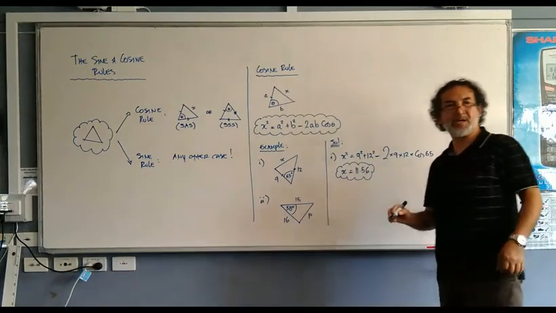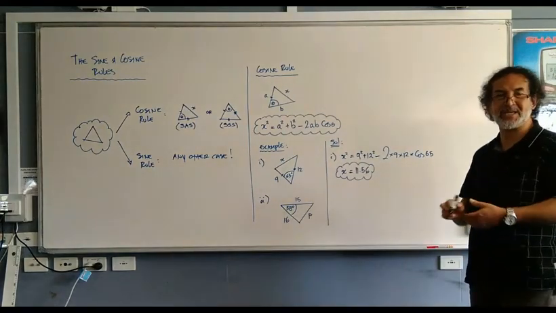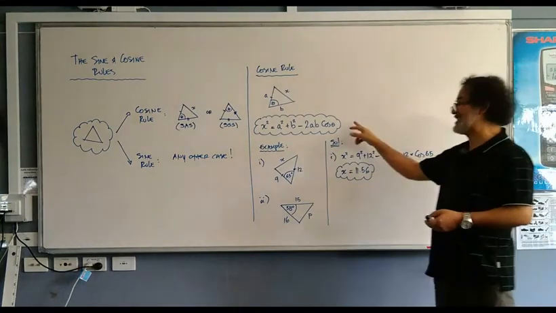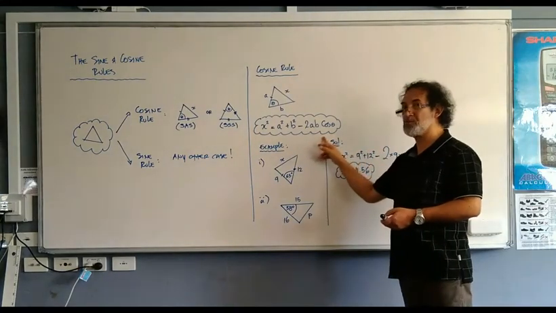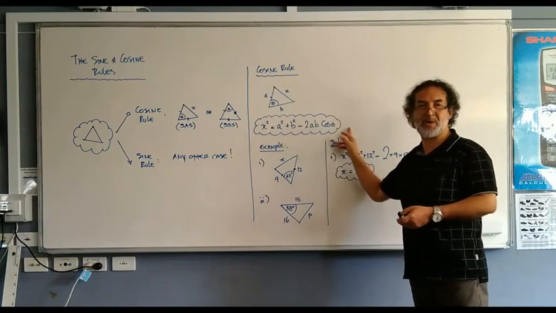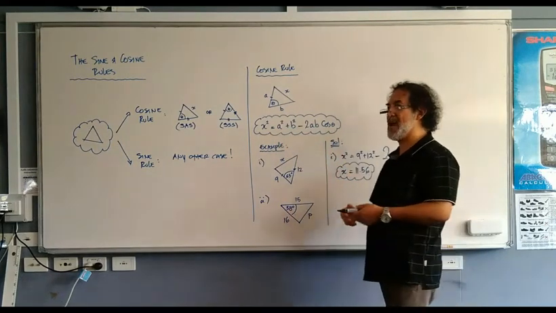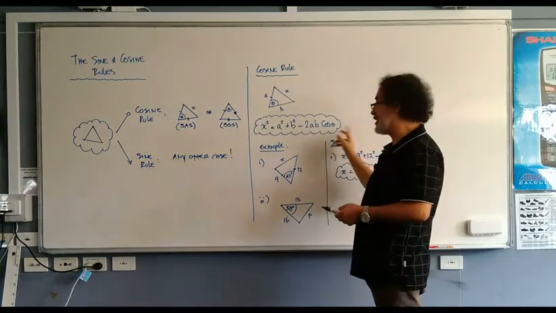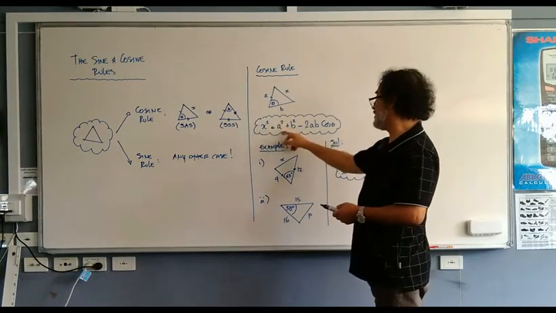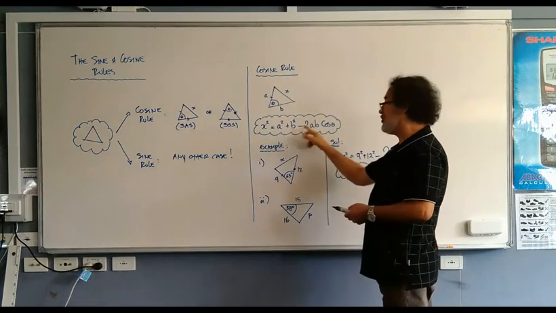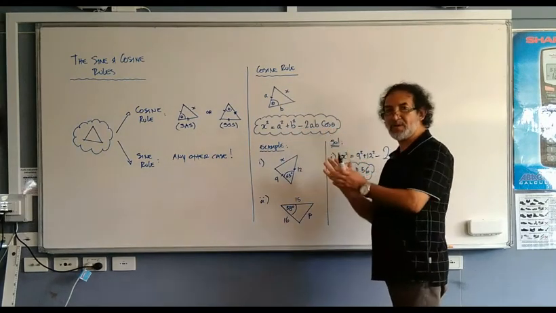All right. Okay, so you can see that using the formula is very, very easy. And also the structure of the formula is very, very simple. It's not that you're going to say, oh, you don't remember. No, it's easy to remember. In math, we say that it's very symmetrical. So you say x squared equals a squared plus b squared, and then take away 2 times those numbers multiplied by cos whatever the angle is.